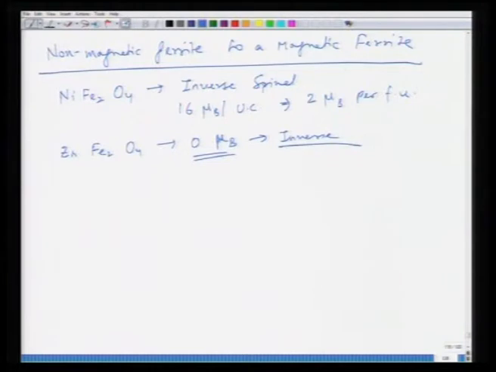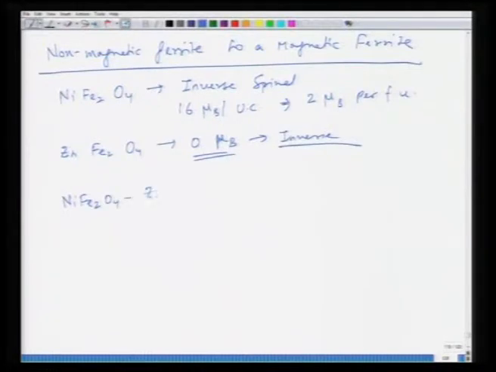Now typically you would believe, just by using the rule of mixtures, that if you mix these two together you would get decreased magnetic moment, but no, that is not true. When you mix NiFe2O4 and ZnFe2O4 together, the structure that they create is Fe(1-δ)Zn(δ)[Fe(1+δ)Ni(1-δ)]O4.